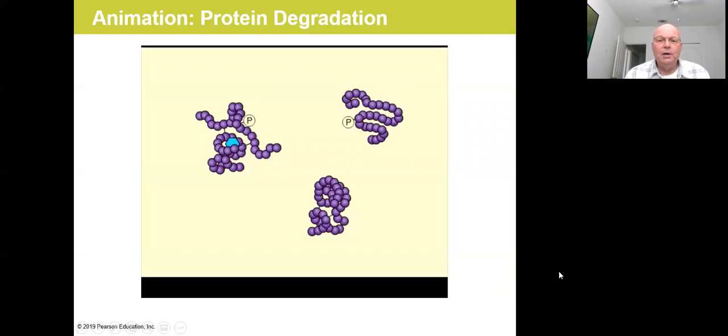Then this animation shows you how polypeptides can be deactivated. In other words, cut up.